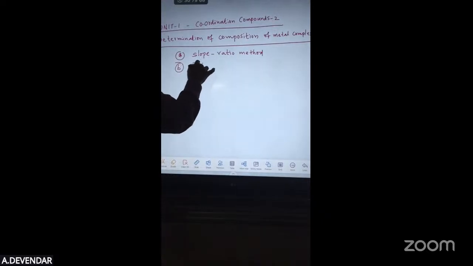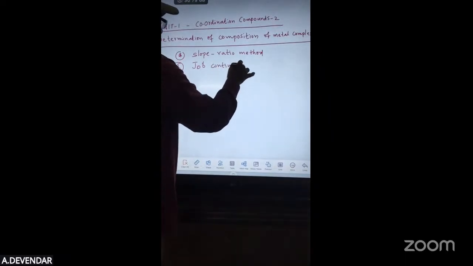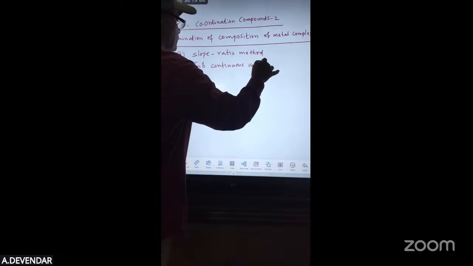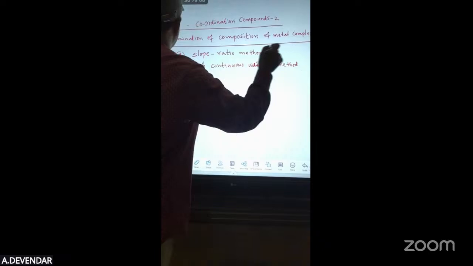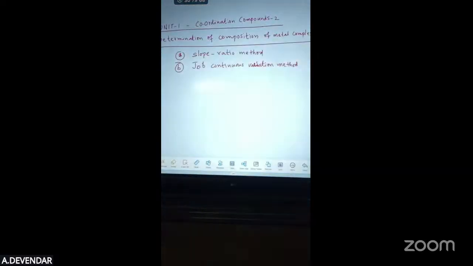With either method you can determine the composition of the metal complexes. It is on page number 6 in your book. Go through that. It may be a 5 marks question, identification of the compounds.